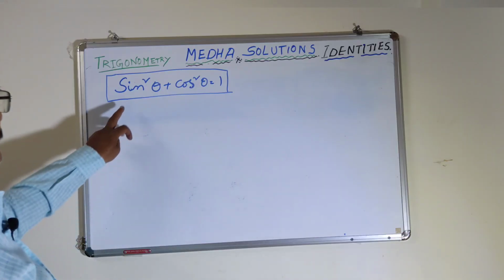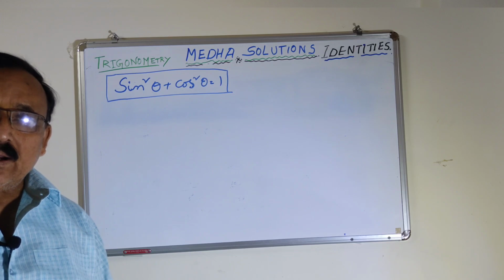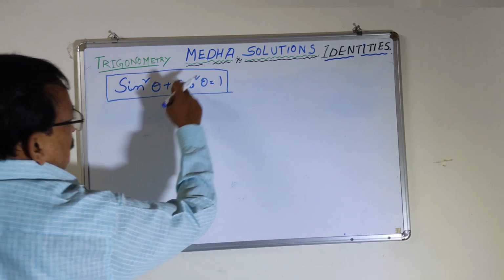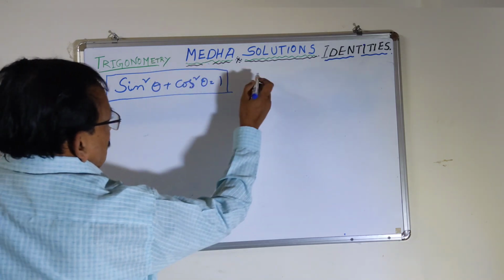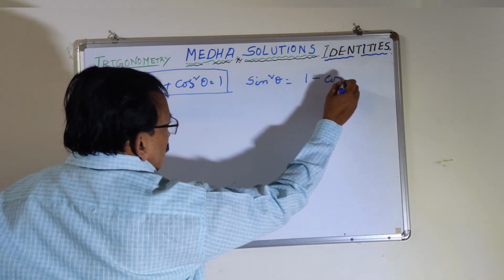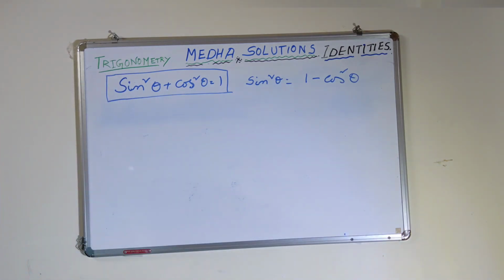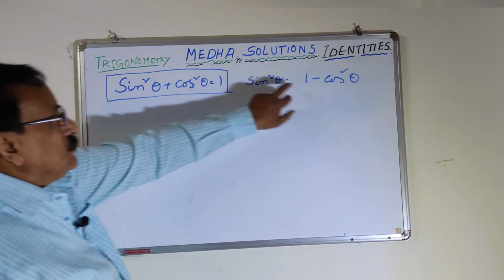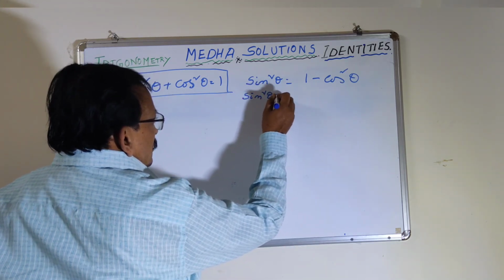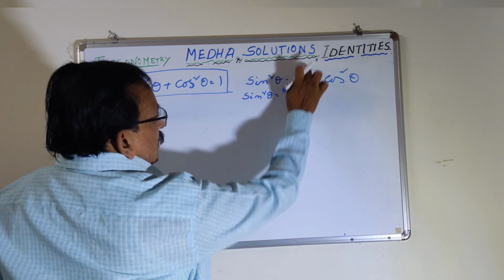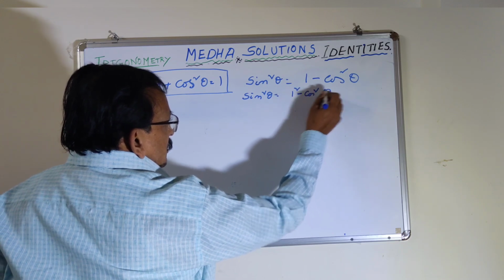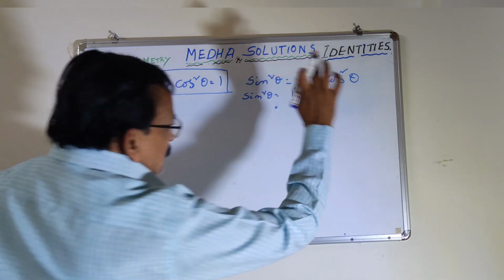Now see, this is sin square theta plus cos square theta is equal to 1. Already we have proved it. Now if you transpose cos square theta to this side, sin square theta is equal to 1 minus cos square theta. Again, 1 is called 1 square, so 1 square minus cos square theta is a square minus b square.